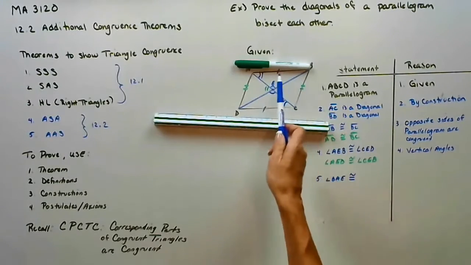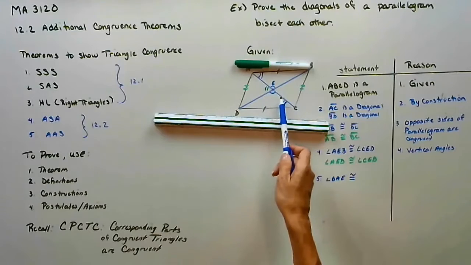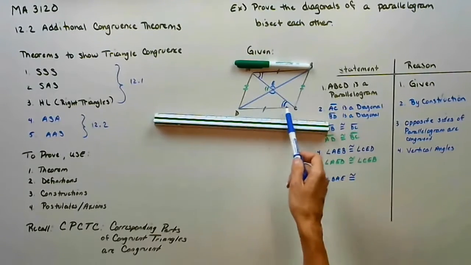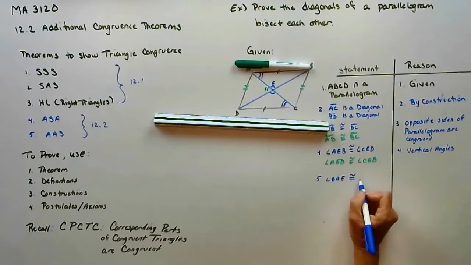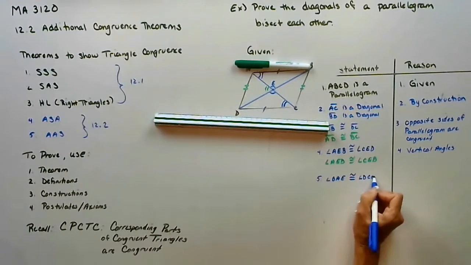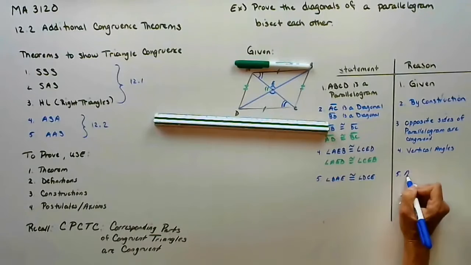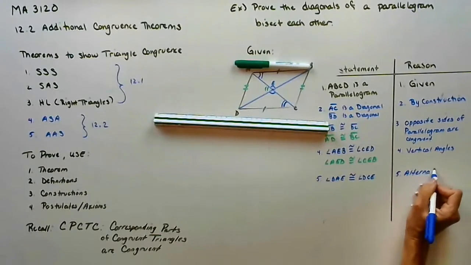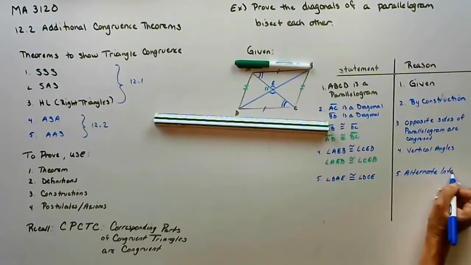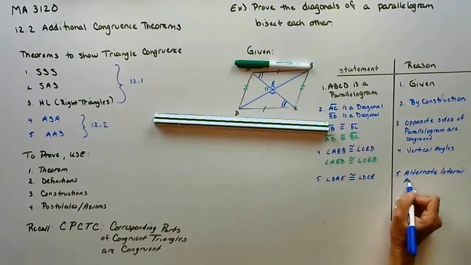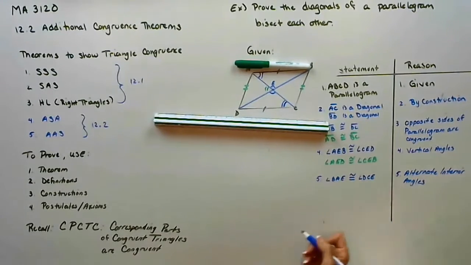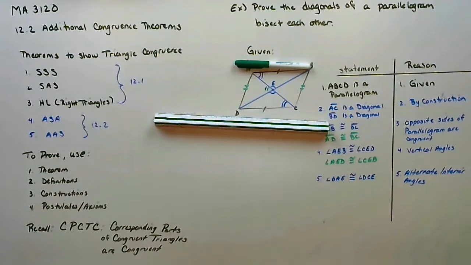So if I went from B to A to E, I need to go D, C, E. Alternate interior angles theorem. Do we have any other alternate interior angles? Well, if I look the other way and compare the others, I also have DAE.